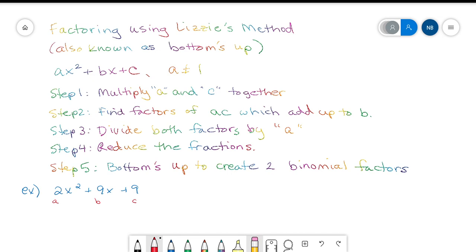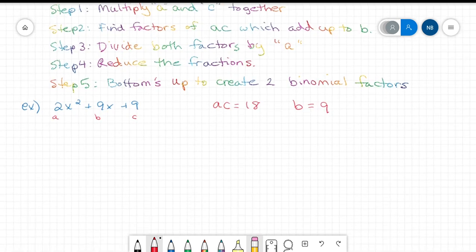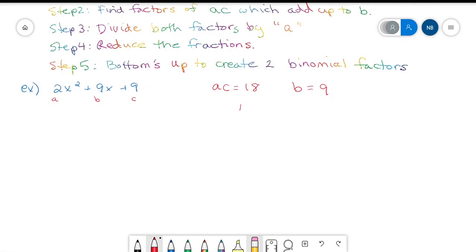In this problem, AC, the product of A and C, is equal to 2 times 9, which is 18, and of course B is the middle coefficient, which is equal to 9. We're going to make a little table here with the product in the first column and the sum in the second column. Remember, we're looking for factors of 18 that add up to 9.